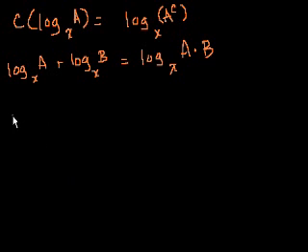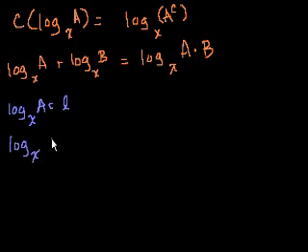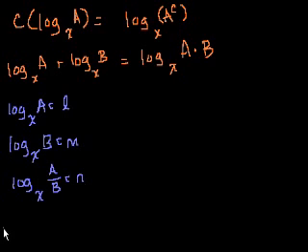So let's just say that log base x of a is equal to L. Let's say that log base x of b is equal to m. And let's say that log base x of a divided by b is equal to n, right?